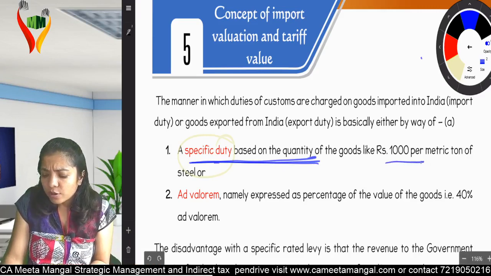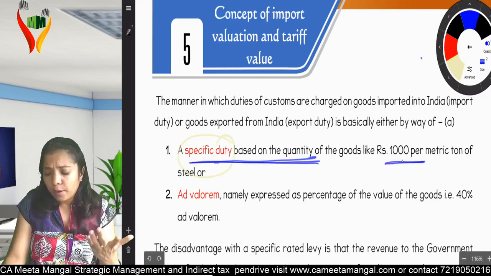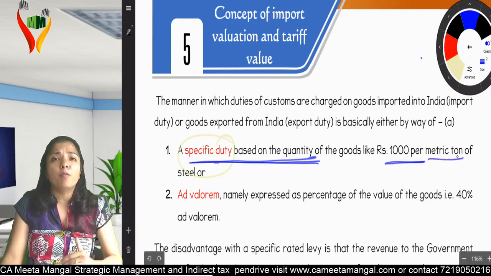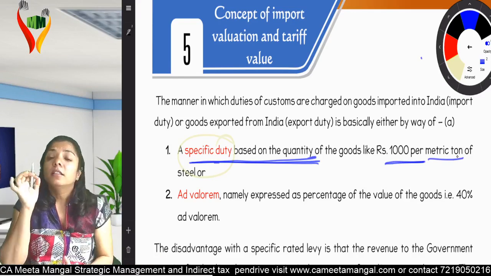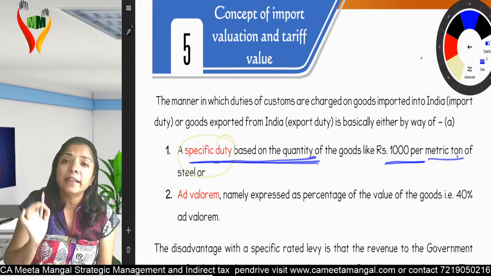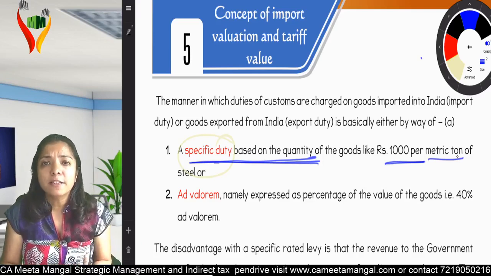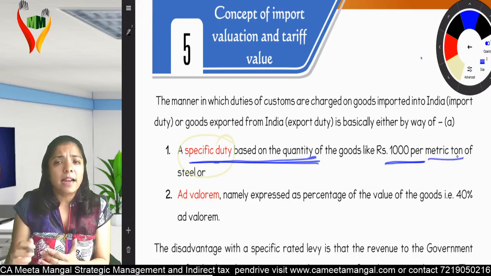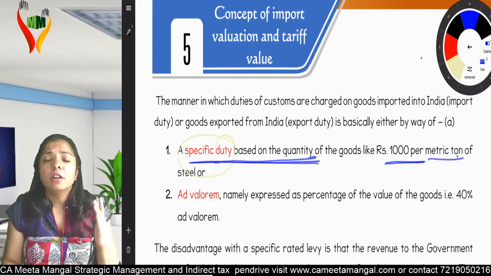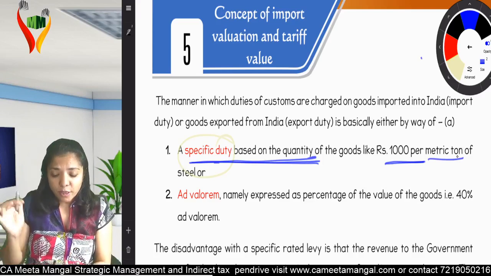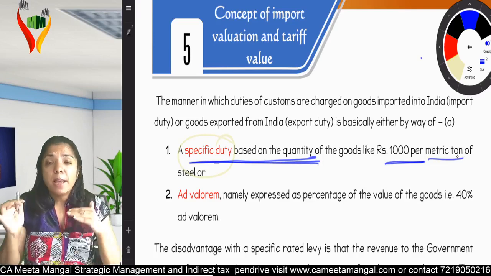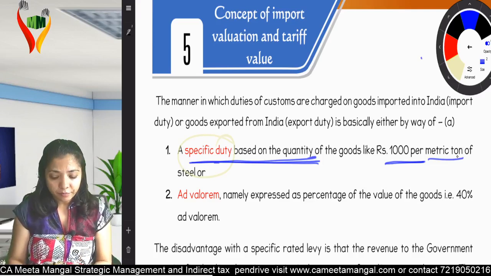For example, 1000 rupees will be the import duty if you import steel per metric ton. That means here the duty is based on quantity. Per metric ton you'll have to pay 1000 bucks as import duty. This is the specific duty method, based on quantity.